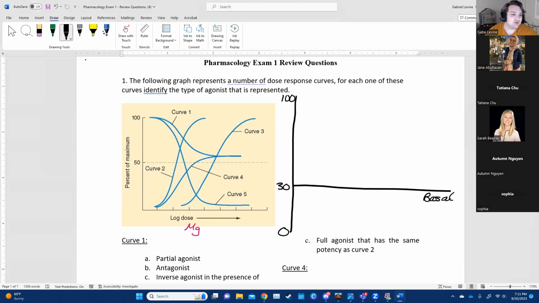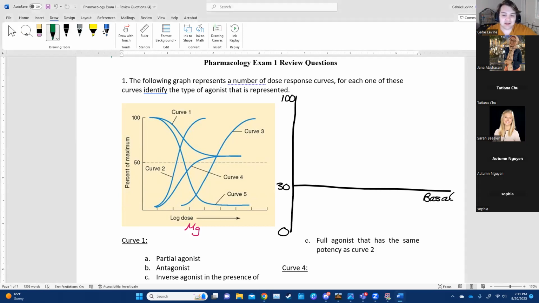Basal activity is the normal amount of activity that the body would have. So the heart cell is activated at 30%, or the stomach cell is producing acid at 30%, something like that.